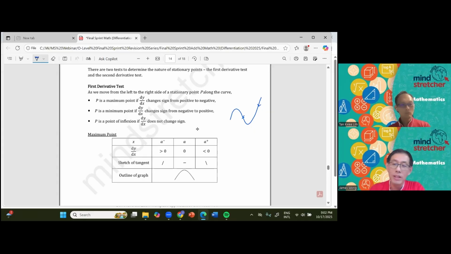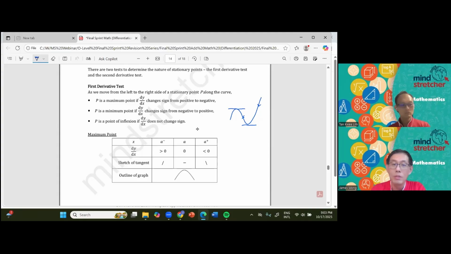But you will find that only when you are at the turning point will your gradient be flat. Only at the turning point. This turning point can be either a maximum turning point or a minimum turning point.